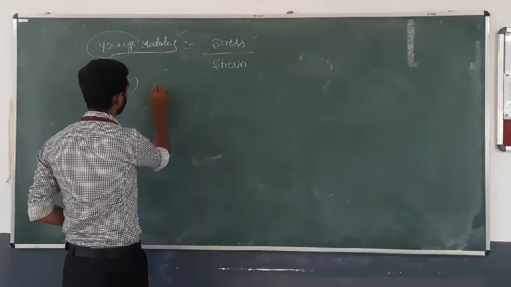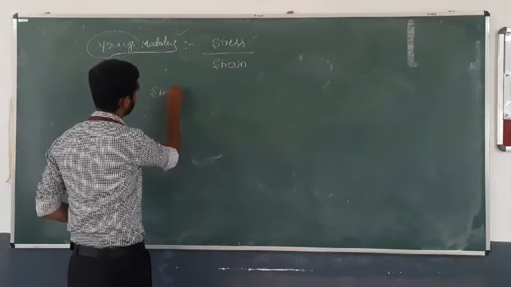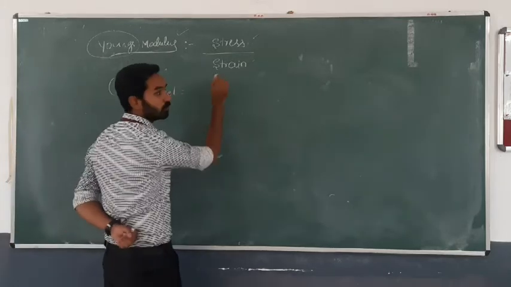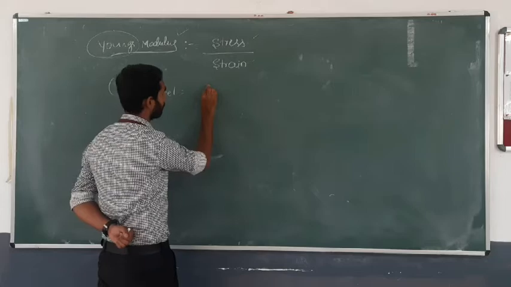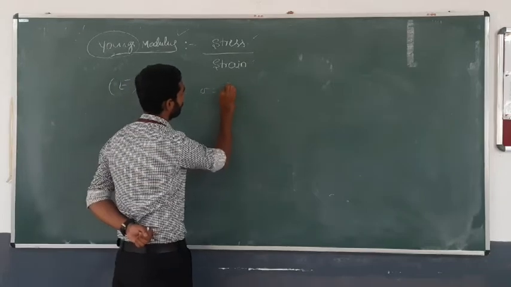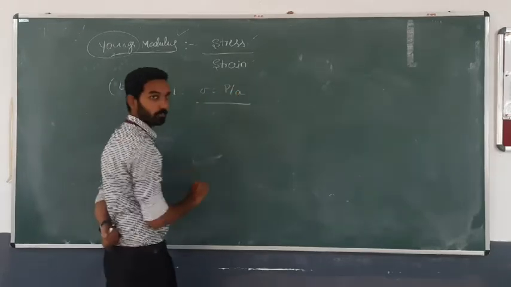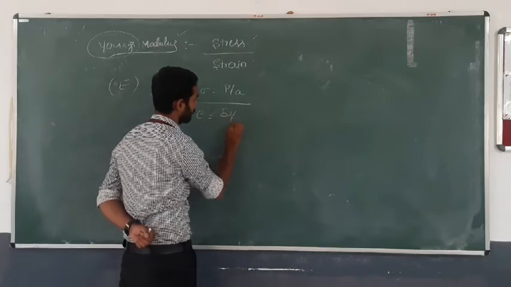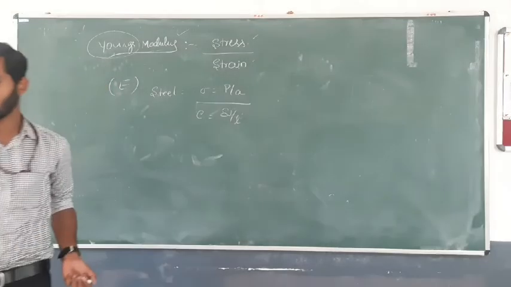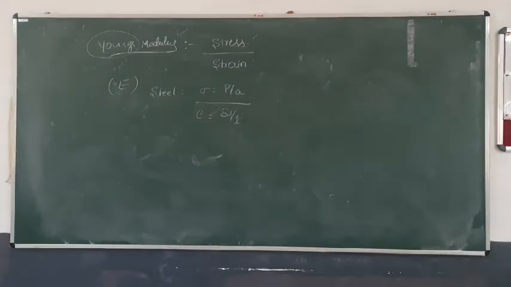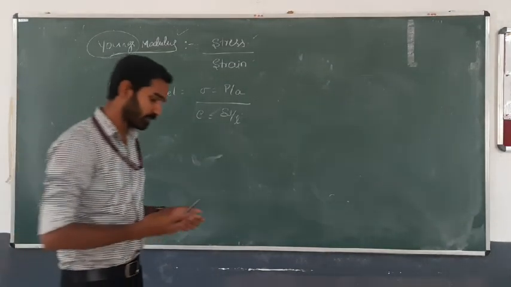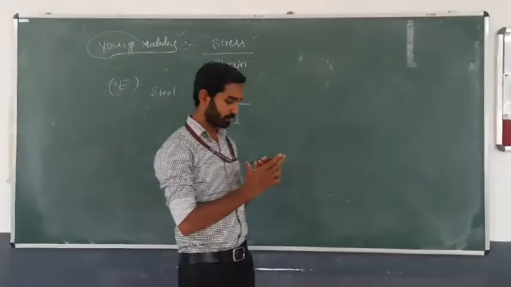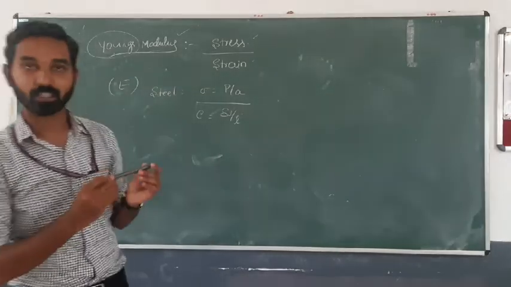For example, for steel, the Young's modulus is stress divided by strain. Stress is P by A, and strain is delta L divided by L. Suppose I am considering an iron material, say the length of the material is 10 centimeter.